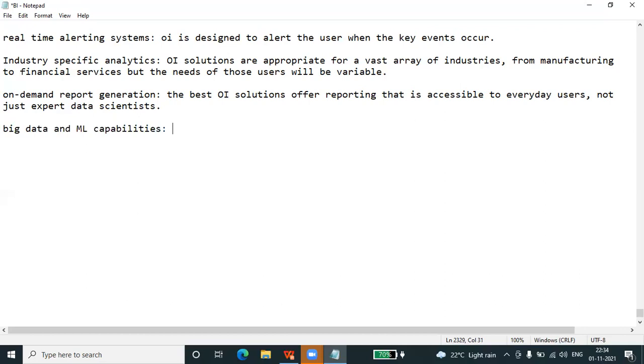A capable operational intelligence solution must be able to index hundreds of terabytes of data every day, processing and analyzing it to continuously predict potential outcomes and expose new market opportunities.